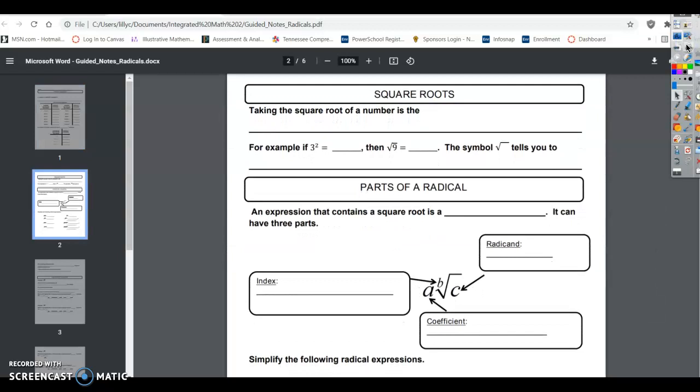Alright, so talking about square roots, we're talking about perfect squares so that we can talk about square roots. So taking the square root of a number is the inverse of something squared.